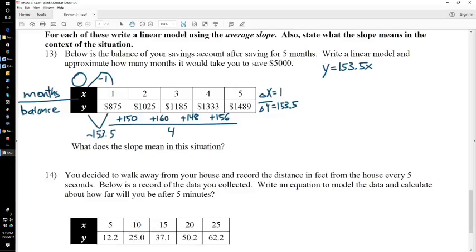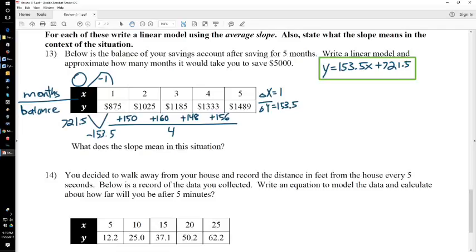So 875 minus 153.5 equals 721.5. Plus 721.5. That will be a model that best represents the information that we just put.